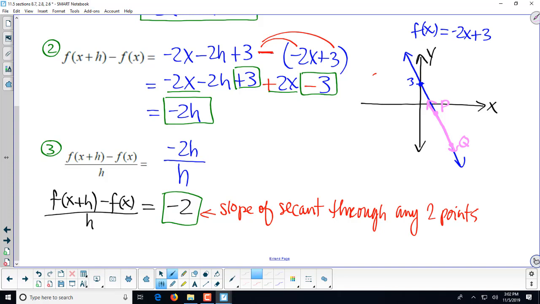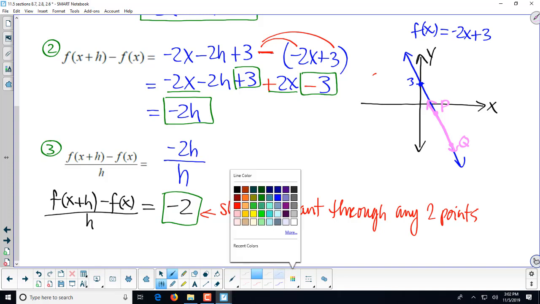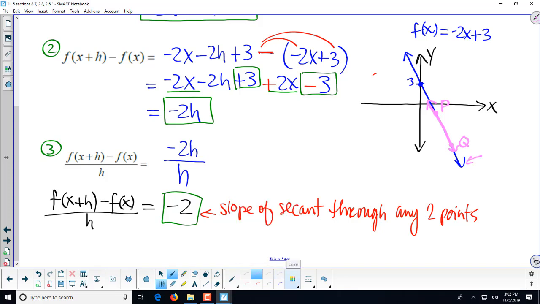Okay, so what's the slope of my original line? The slope is 2. What's the slope of the secant line? Or sorry, -2, my bad. -2.